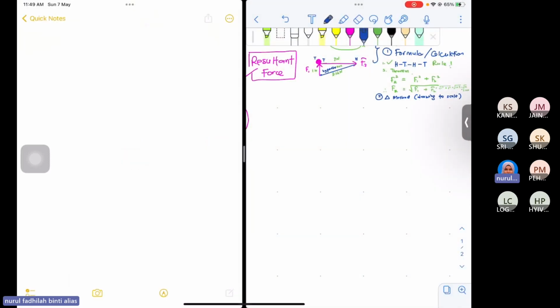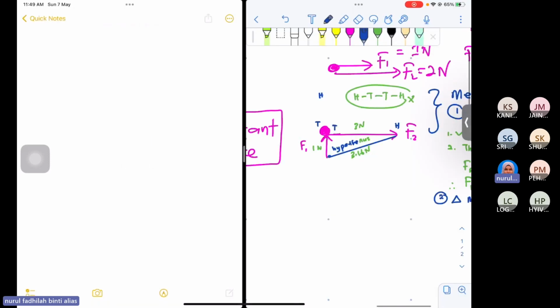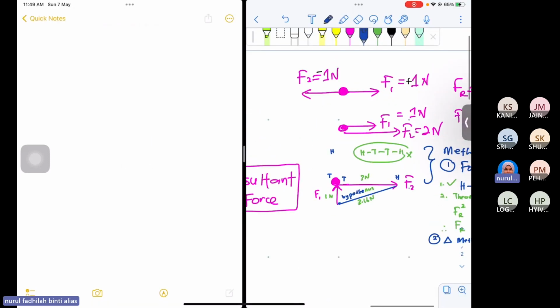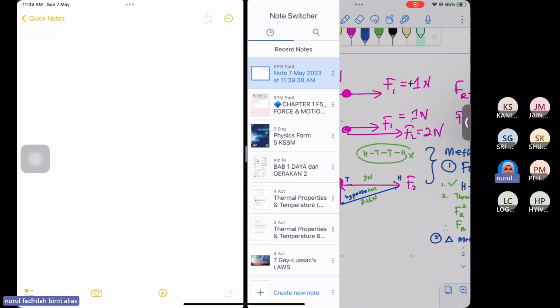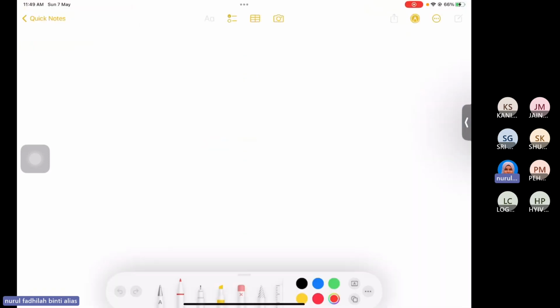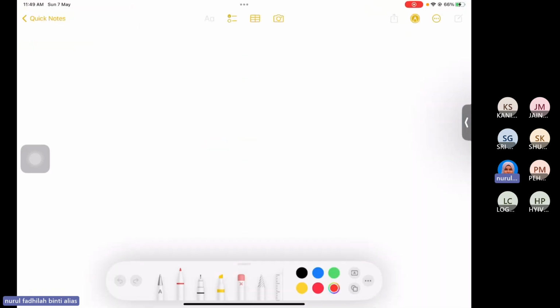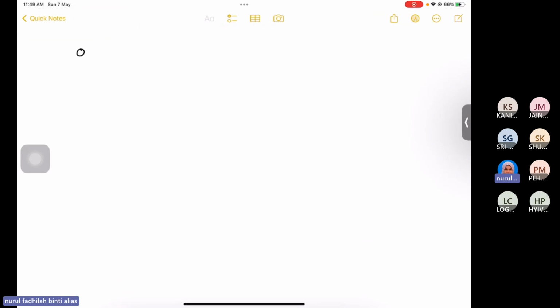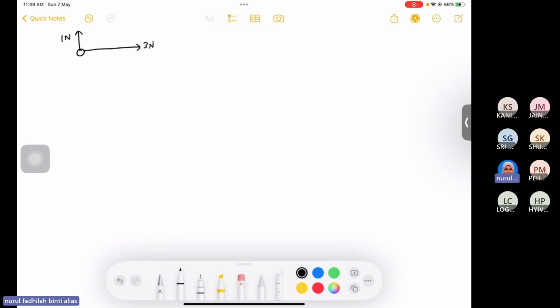Okay, so this is our question. We want to use the triangle method. So earlier we did 3 and 1. Okay, based on the question I gave earlier, 3 Newton this way, then 1 Newton this way. So that's the first, the question. Okay, we want to use the triangle method, so you expect we will draw a triangle.